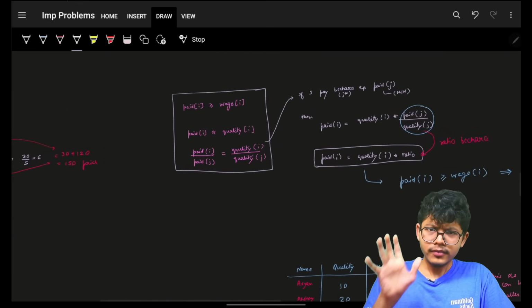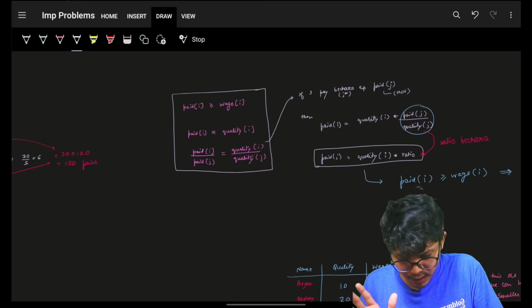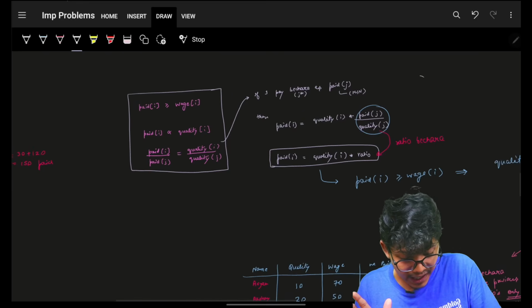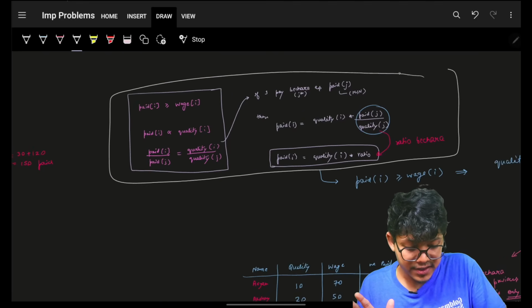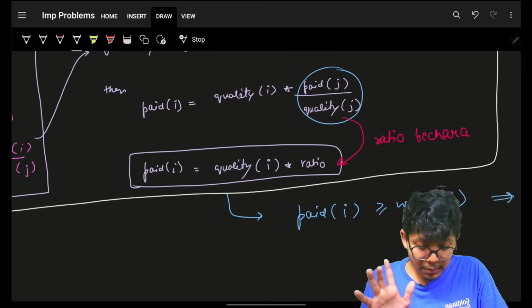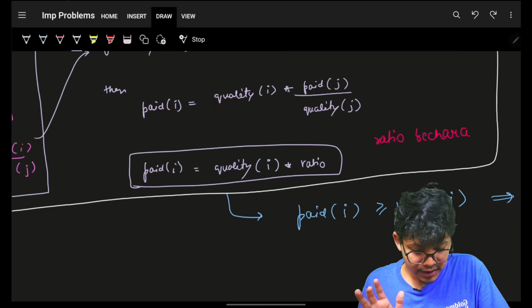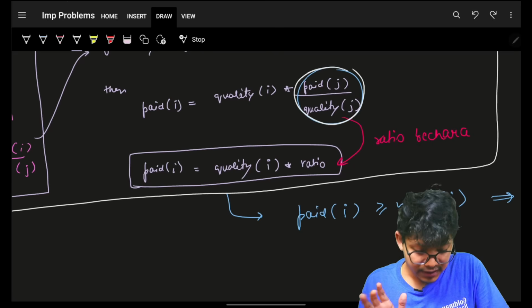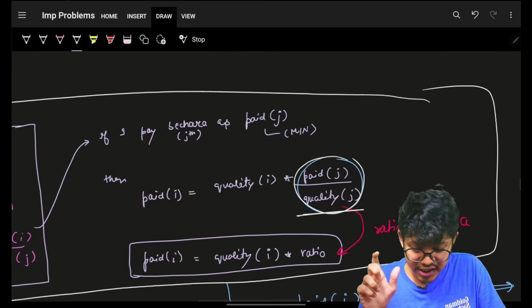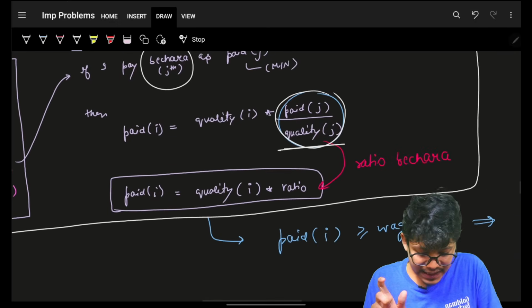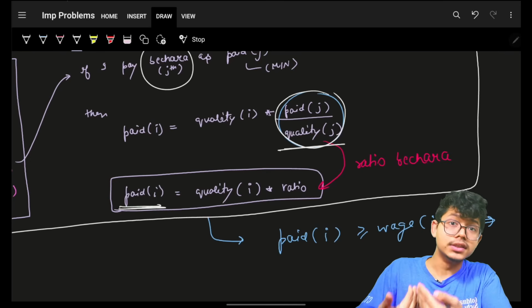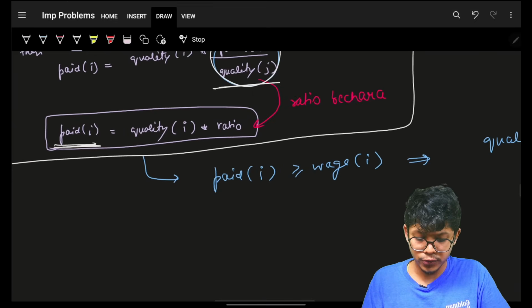Now, if I look at the condition very carefully, I just wrote exactly the same stuff previously, right? If you remember, I considered the jth person as a bechara, and then ultimately I was finding for others what's the value, and so on and so forth.